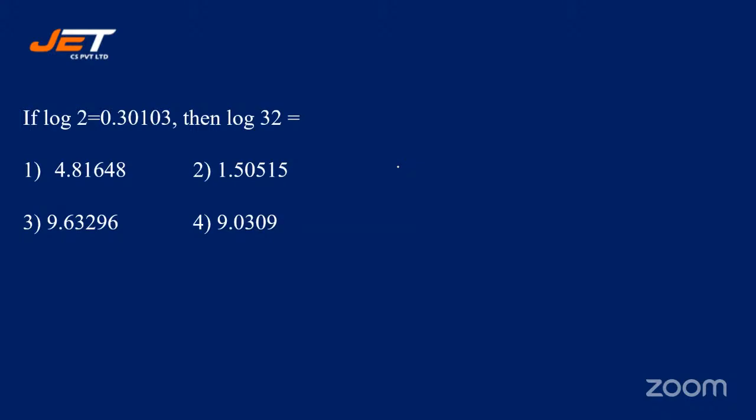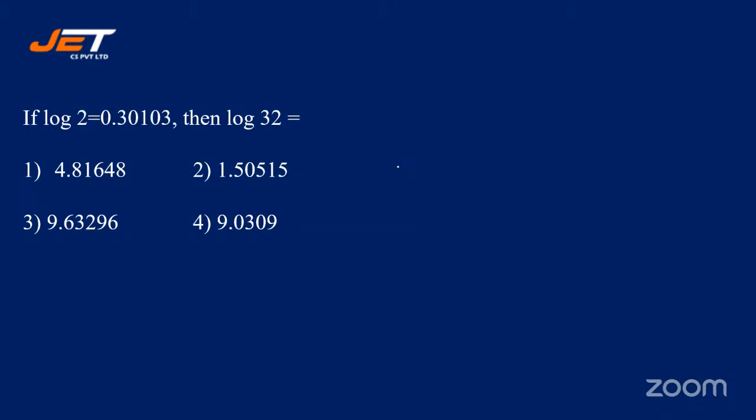If log 2 is 0.30103, what is log 32? Here, if log 2 is 0.30103, then what is log 32?